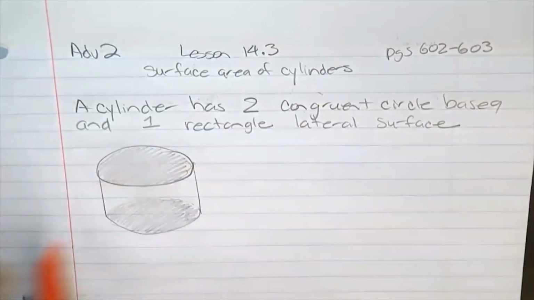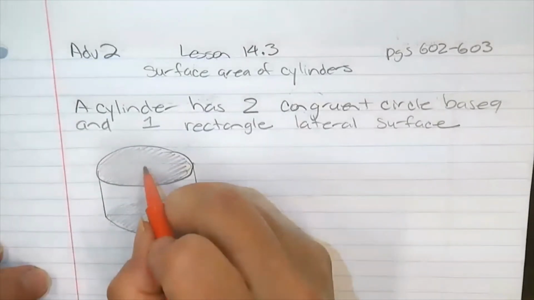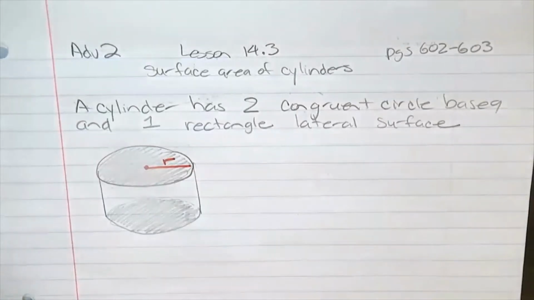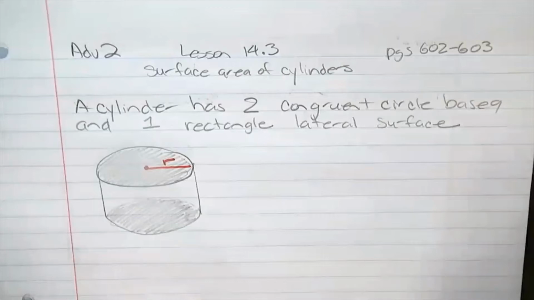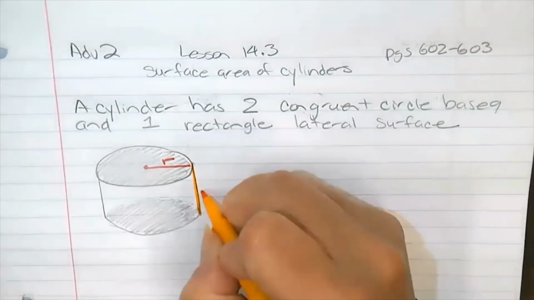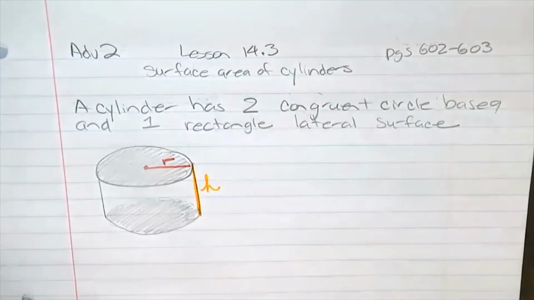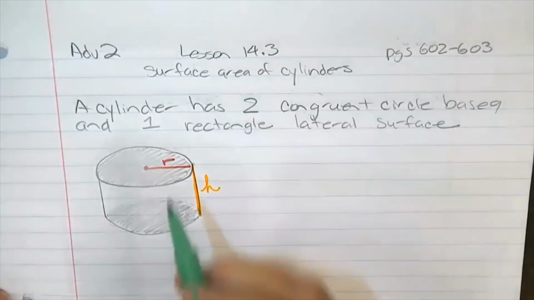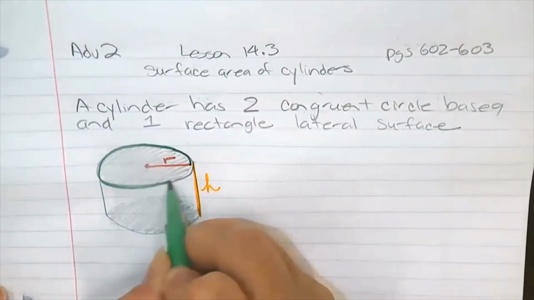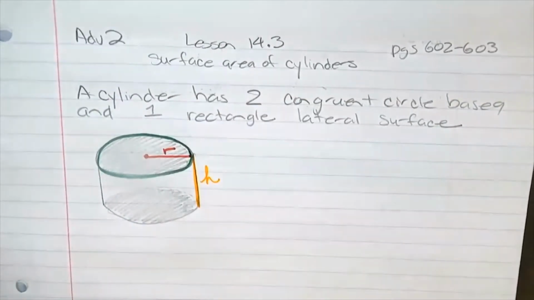Now, to find the area of a circle, we need to know the radius or the diameter, because we can figure out the radius from the diameter. We need to know the height of the cylinder, and we're going to have to find the circumference of the circle.